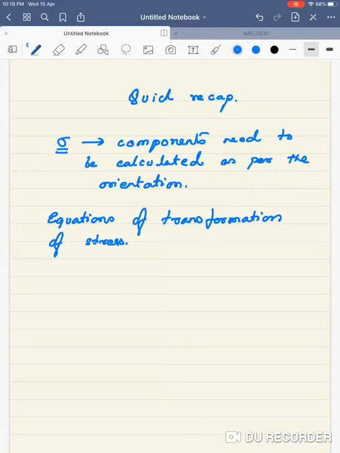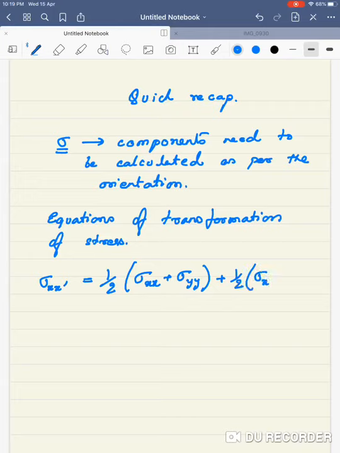For example, one of the equations: the new sigma xx in the rotated frame is given as half of sigma xx plus sigma yy, plus half of sigma xx minus sigma yy times cosine of 2 theta, plus sigma xy sine of 2 theta. This is one of the equations. Similarly, there are other ones. I'm not going to write down all of them.